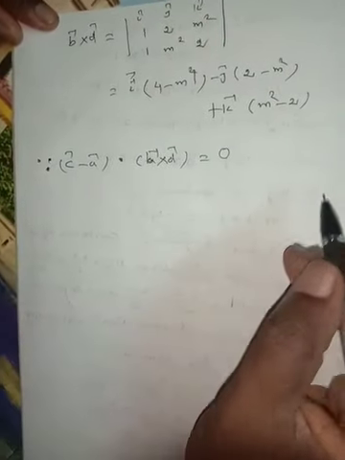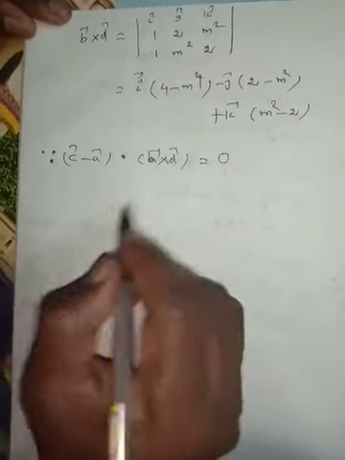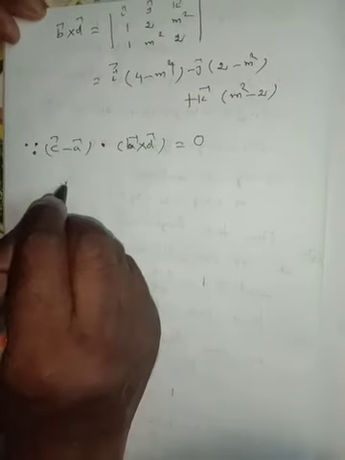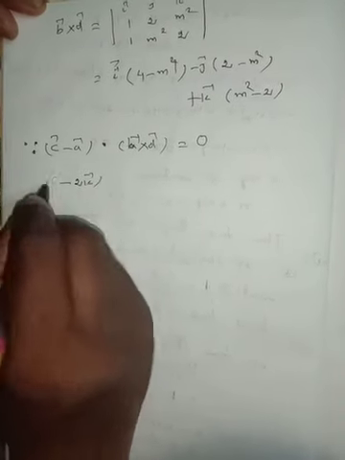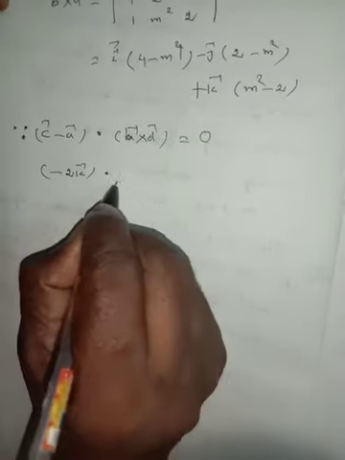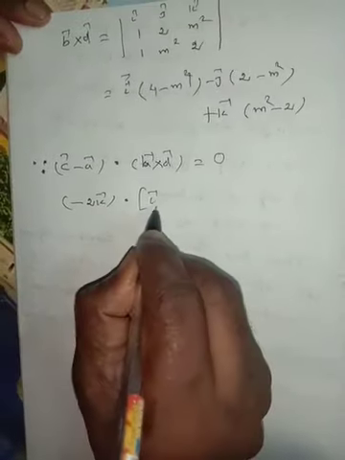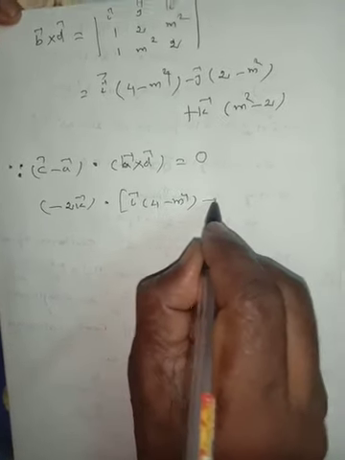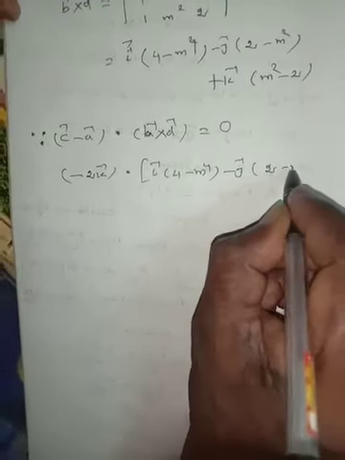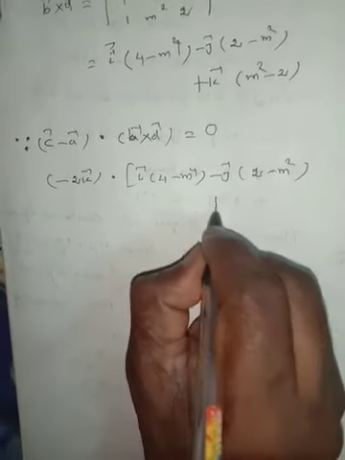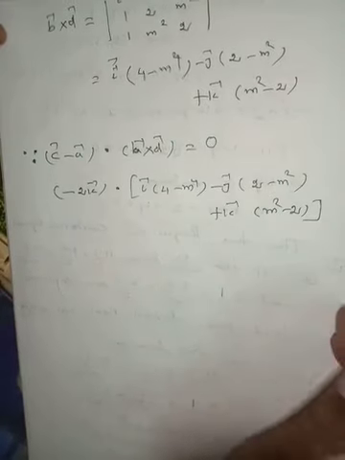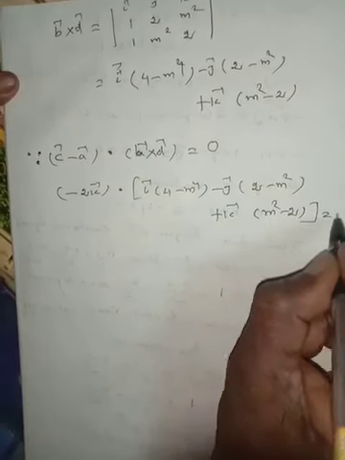Now c vector minus a vector is minus 2k vector, dot product with i vector of (4 minus m power 4) minus j vector of (2 minus m square) plus k vector of (m square minus 2), equals 0.